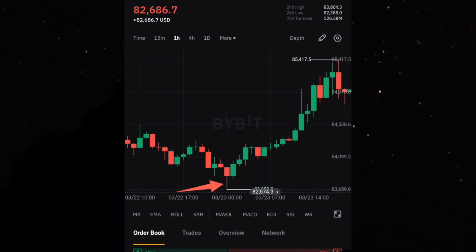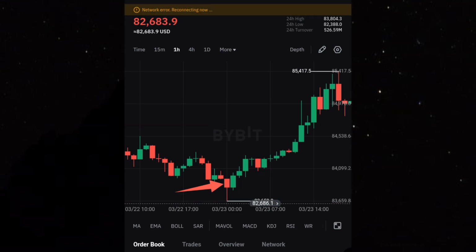Whenever you find a candle that has a long tail, it means the buyers are pushing the price up. When you find a candle that has a long head, it means sellers are trying to sell and make the price go down.